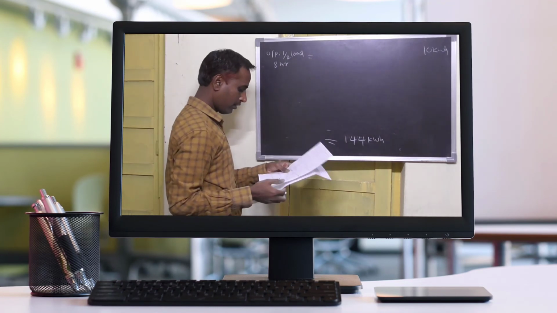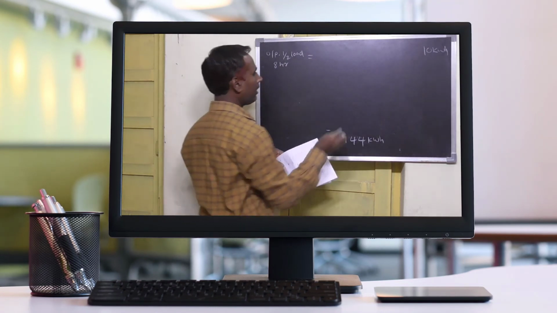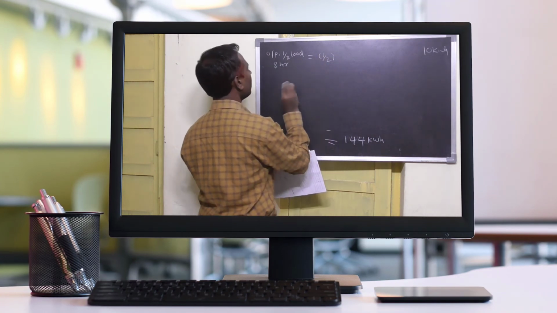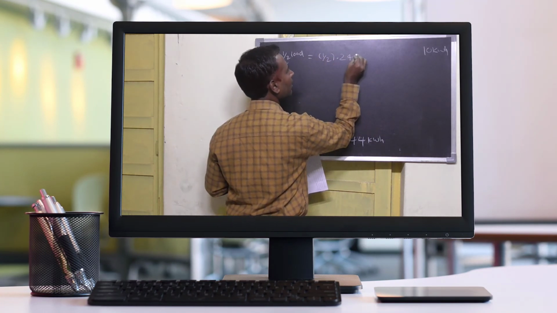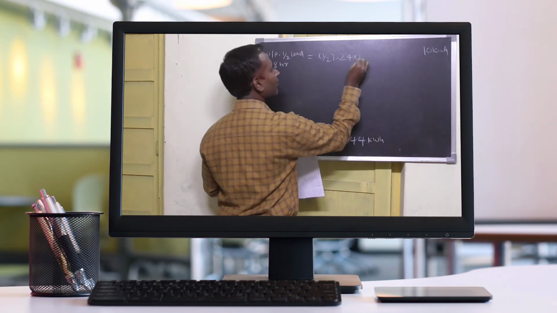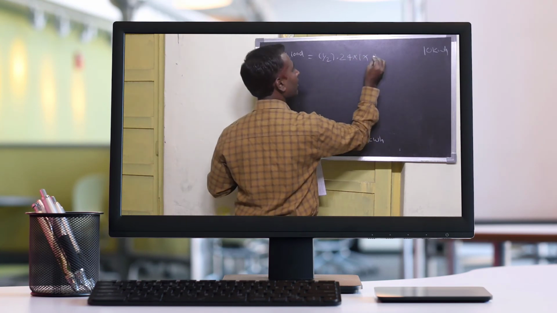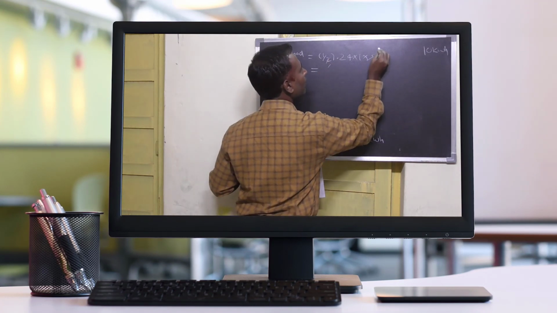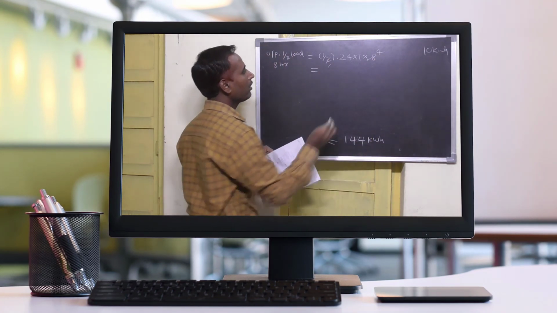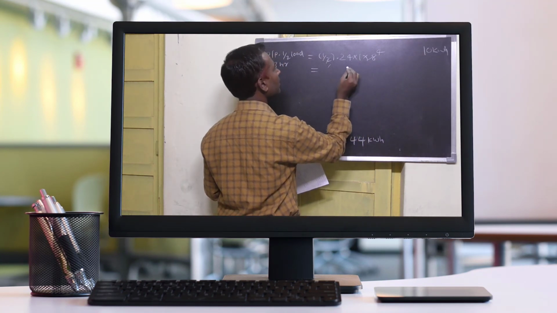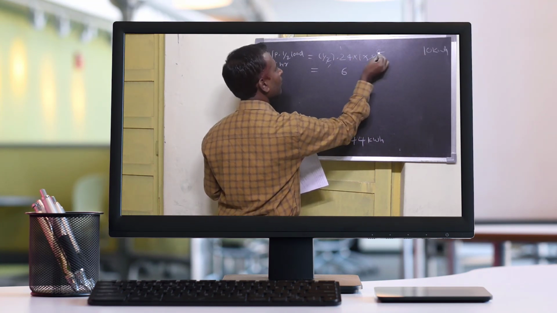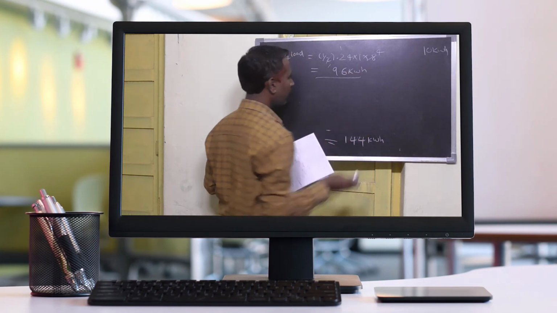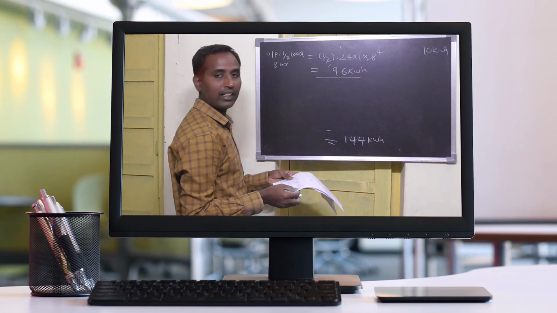X means here 1 by 2, kVA is 24, power factor is 1, timing is 8 hour. If we solve this, 2 1s are 2, 2 4s are 8, 4 4s are 16, 4 to the 8, 96 kilowatt hour. Correct? 96 kilowatt hour.